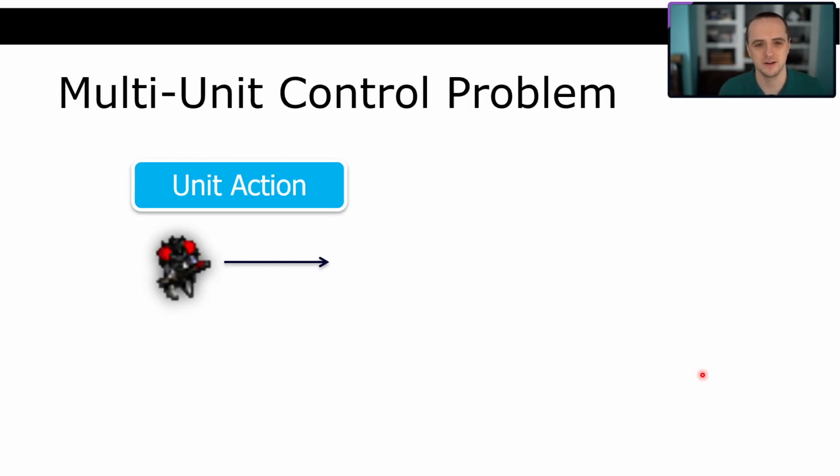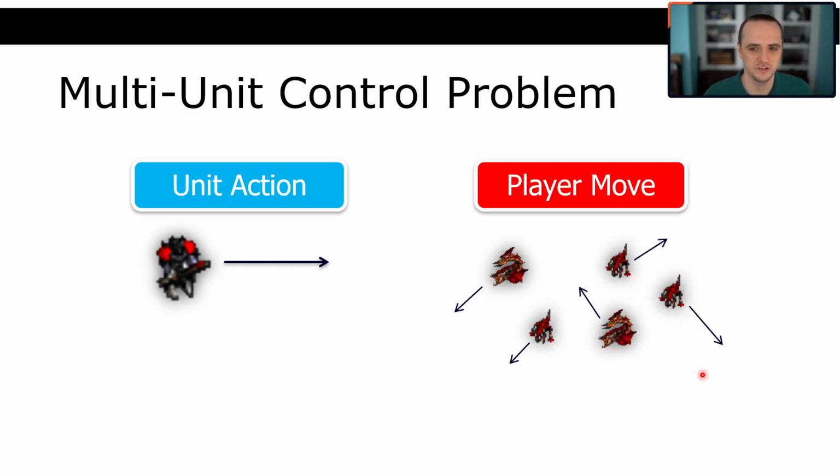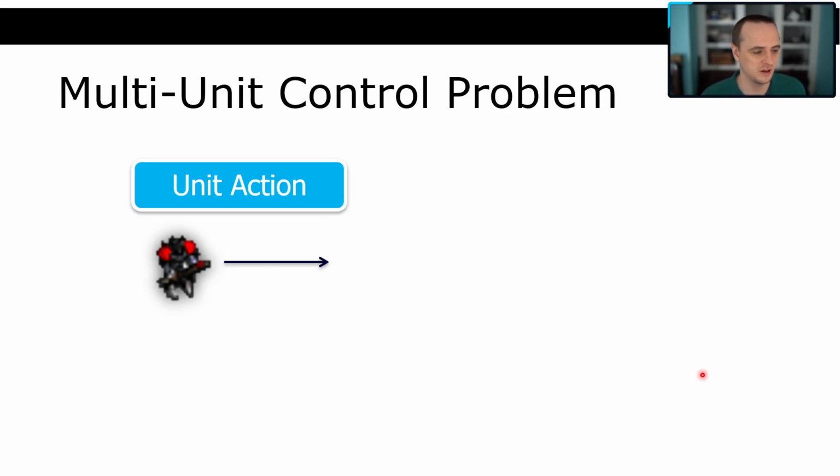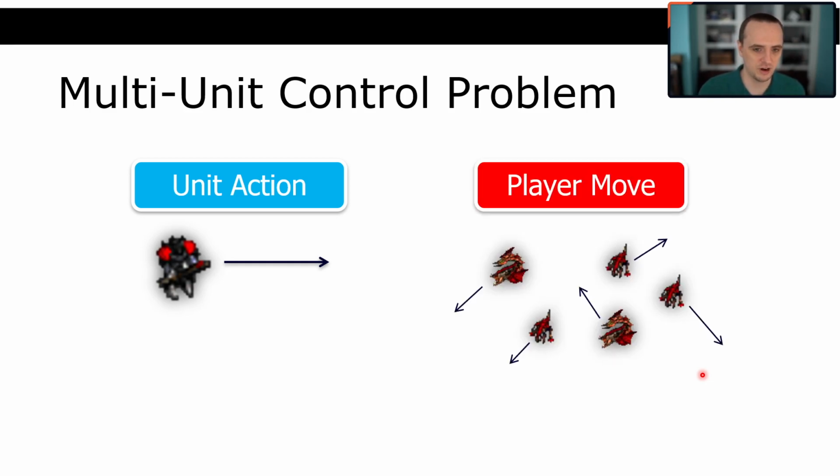Then the multi-unit control problem was also an issue. Here's something that you have to realize when you're doing real-time strategy game research. Let's say in a game like Go, Go is a difficult game. There's like 300 possible moves you can make at any given time, right? But in StarCraft, your move at a frame of the game is to issue actions to every unit that you control. One unit has a number of different actions that it can choose, but your player has to choose an action for every given unit.